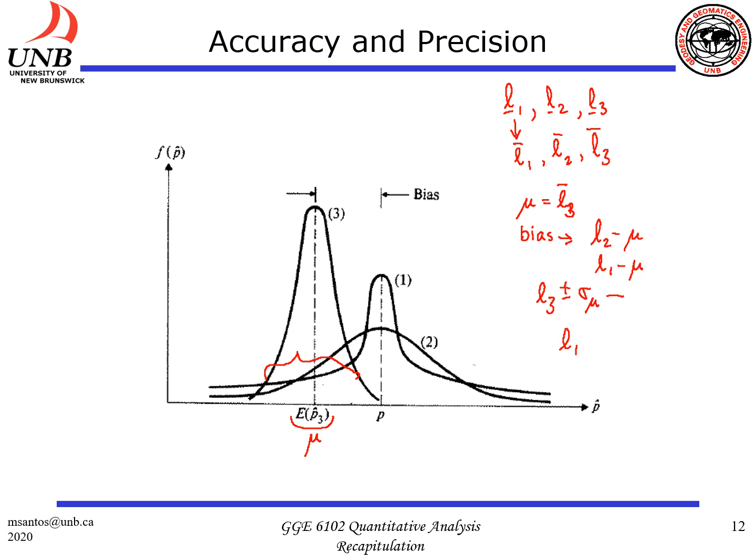L1 has a spread of plus or minus sigma 1, and there is also a bias. Observation set L1 has a smaller standard deviation than observation set L2.